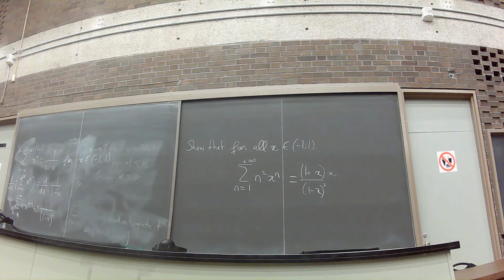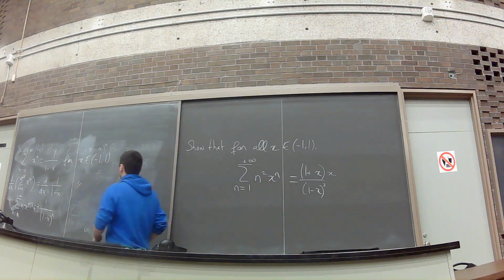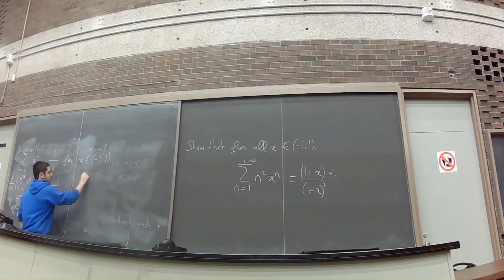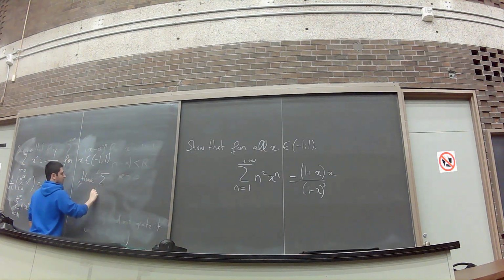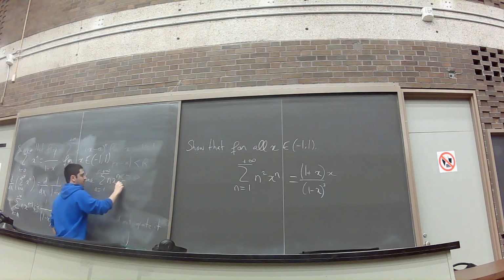And then you have n x to the n. How do you get n squared x to the n? You differentiate, right? You get n squared x to the n minus 1, and then you multiply by x. Okay? Let's do this. Multiply by x on both sides, hence the sum n equal 1 to infinity of n x to the n.